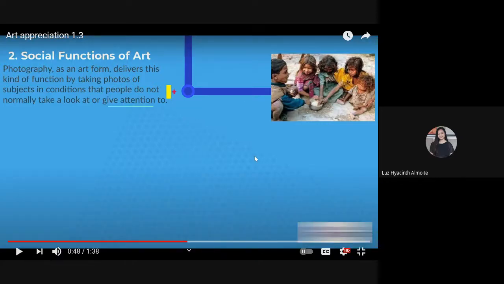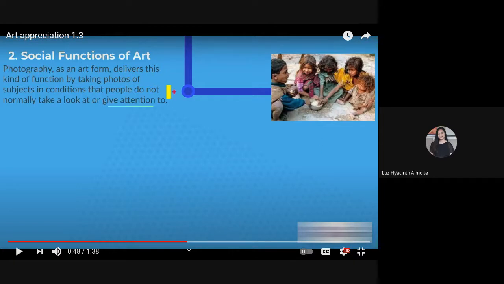Next is photography as an art form. It delivers this kind of function by taking photos of subjects in conditions that people do not normally look at or give attention to. Pictures of poverty may carry emotional overtones that may solicit action or awareness from their audience, like this one.